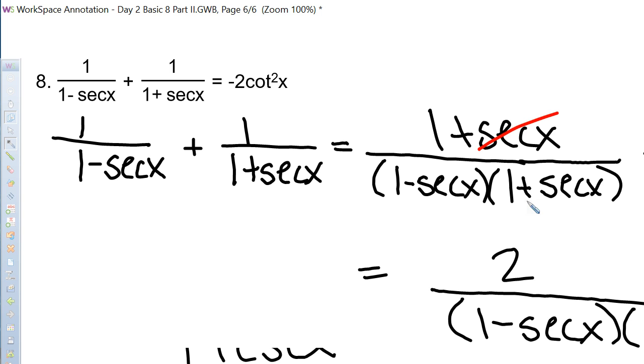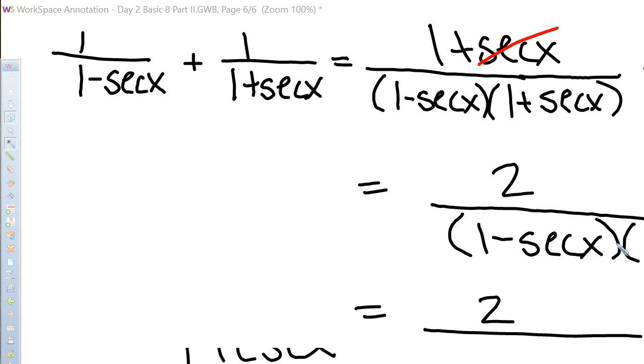Now, do any terms cancel, or any factors cancel? No, so I need to go ahead and multiply those denominators. There's only one denominator, it's not multiple, it's just one denominator. So multiplying these two binomials, what do you get?